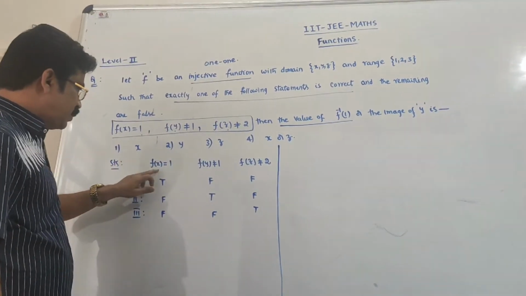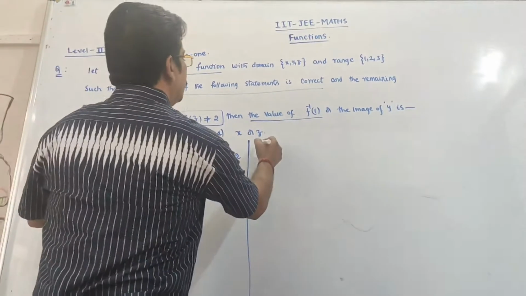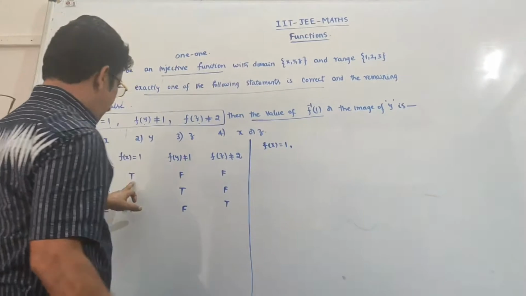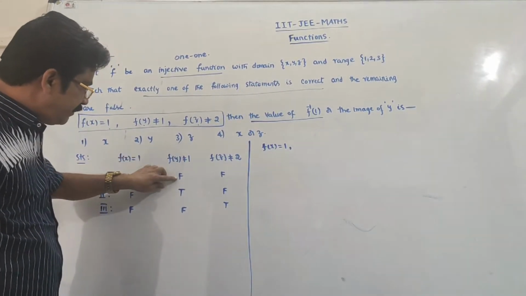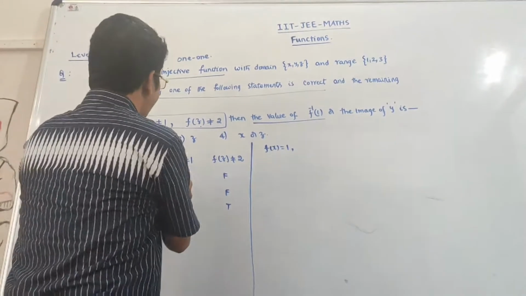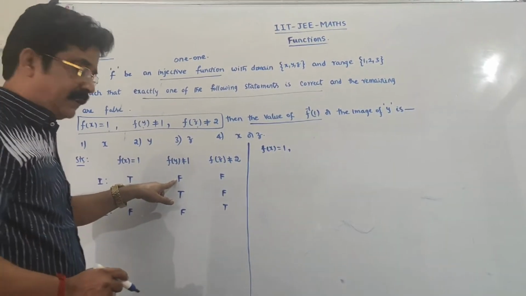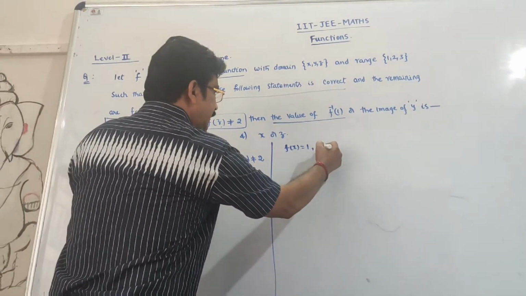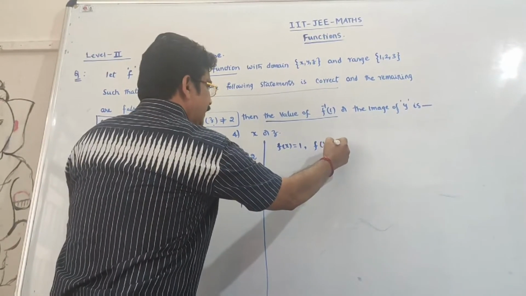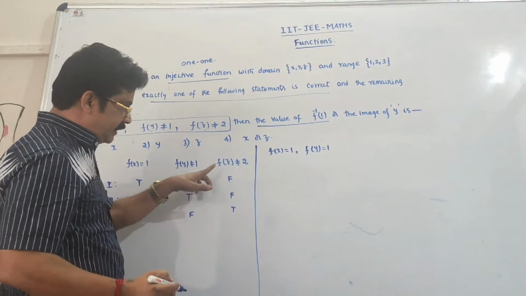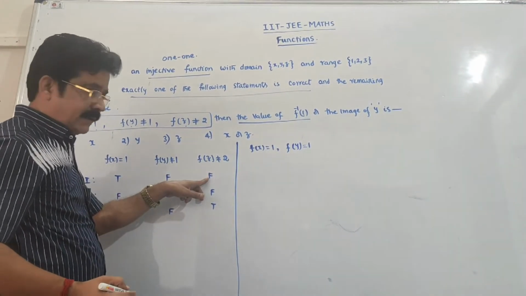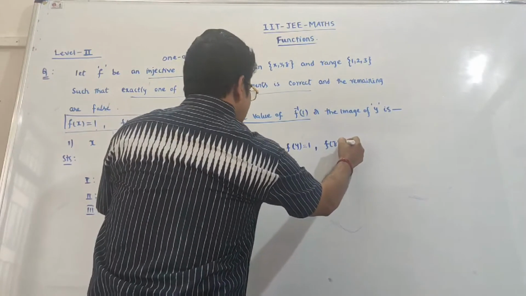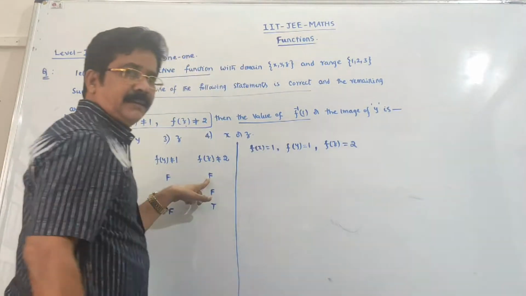We shall discuss the first case. f(x) = 1 is true. So f(y) ≠ 1 is false, which means f(y) = 1 is correct. Next, this statement is also false, so f(z) = 2 is correct.